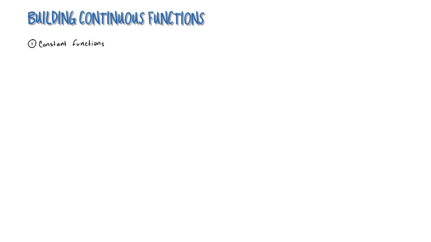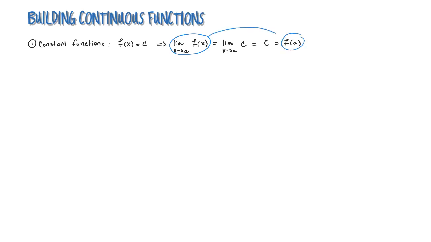For example, if f of x happens to be equal to c, then we already know that the limit as x approaches a of f of x is equal to the limit as x approaches a of c, which is equal to c. And c is equal to f of a. So when we put the very first expression and the last expression together, that shows continuity.